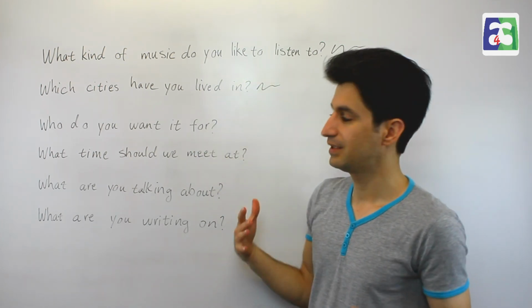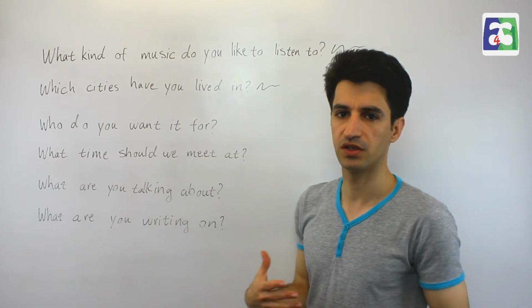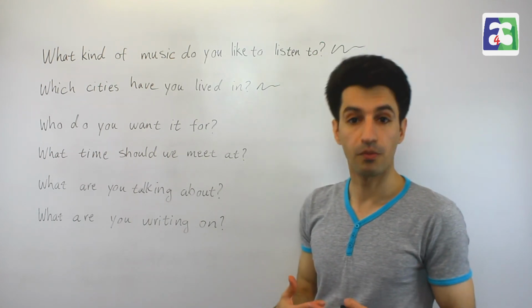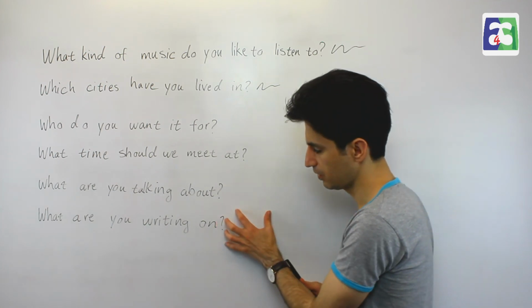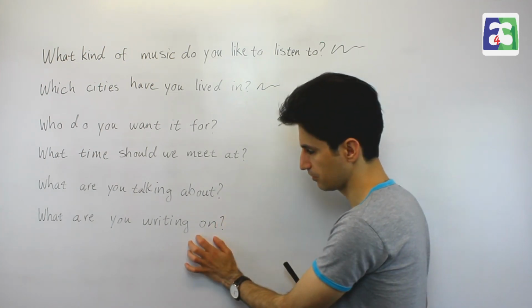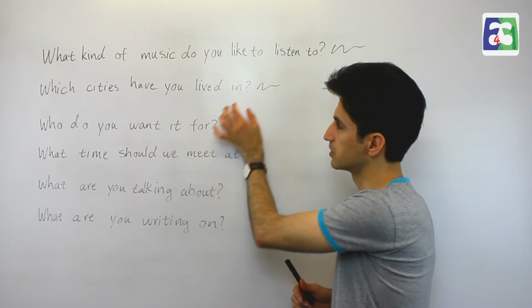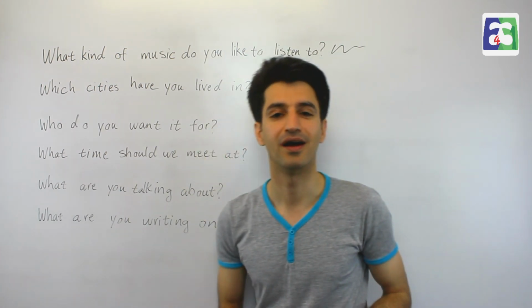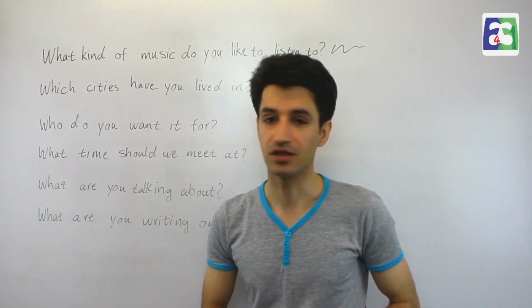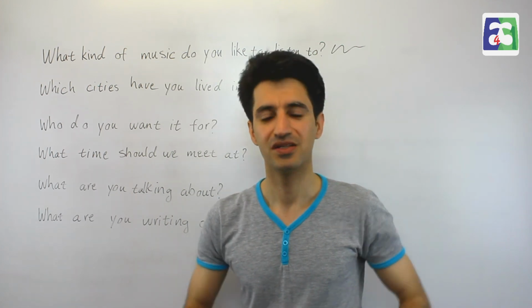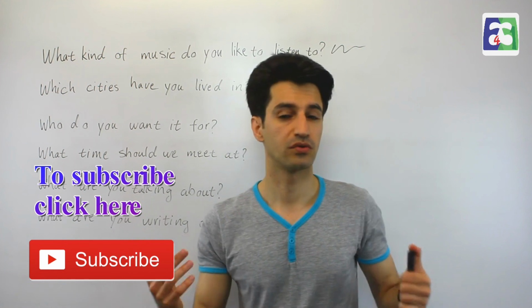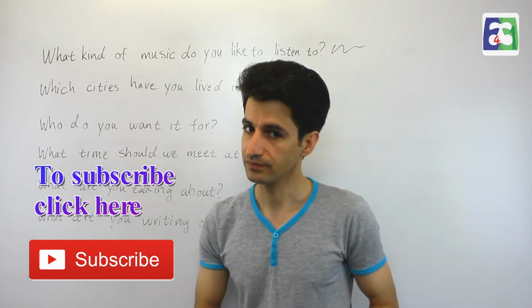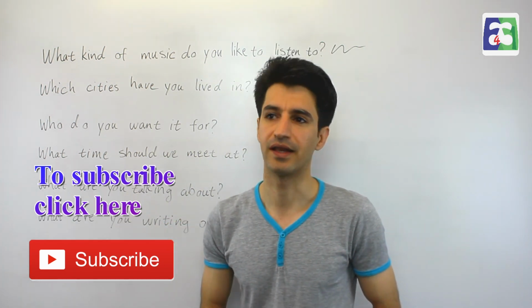We need to ask about the object, so we omit the object that is originally over here, but we keep the preposition, and it happens to be at the end of the question, but it's not a problem. We can have prepositions at the end of the sentence, or the questions, and it's not an error.